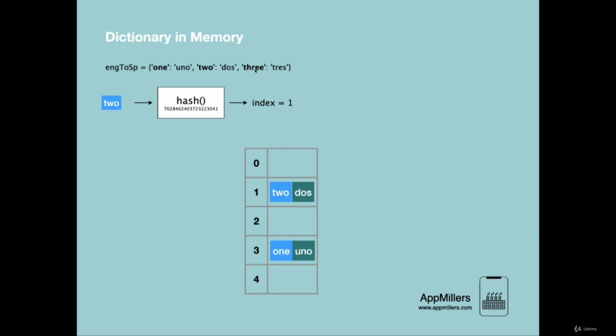Then it will continue to the next element. The next element is 3, and the hash function will take 3 as an input, then calculate the index based on the value from here. If you run the hash function in Python for 3, you'll get this value over here. Based on this value, it calculates the index. Now here you see that the index is 4. So these pairs are located at the index of 4 of this array.